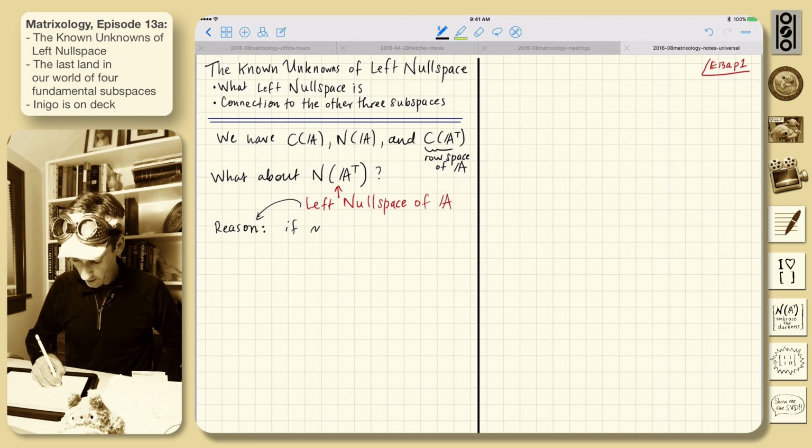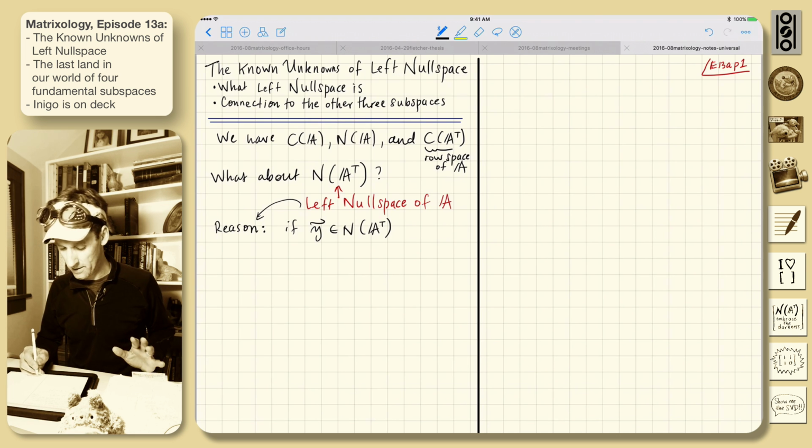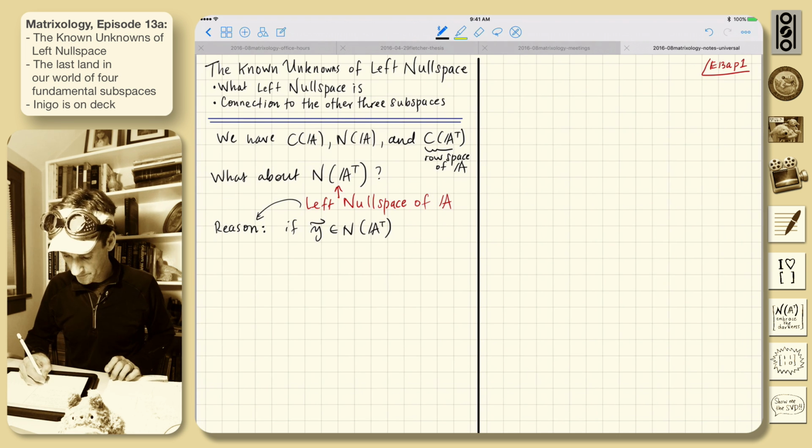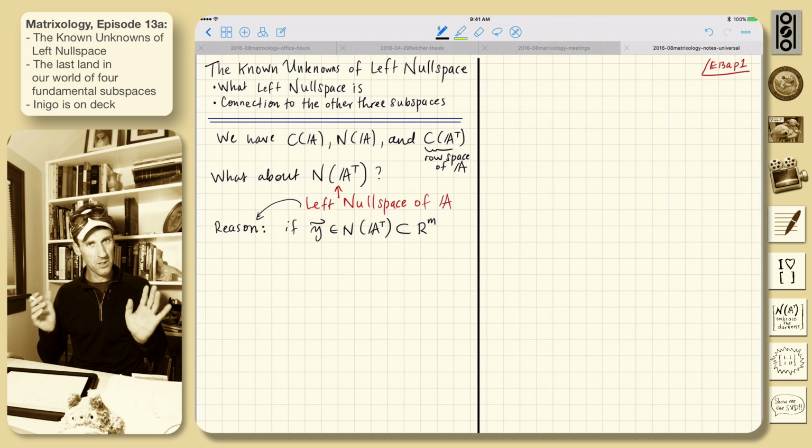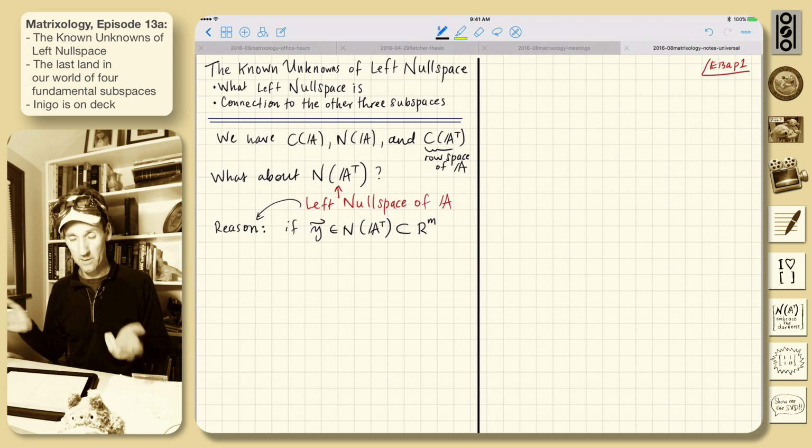If y is in the null space of A transpose, we're going to use y because now we're in R^m. This is a subspace of R^m. We know null space is fine. We know what its dimension is. We know how to find it. Everything is good. So we can of course find it for A transpose.